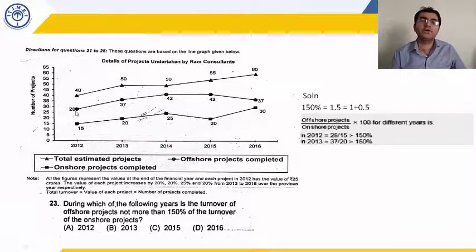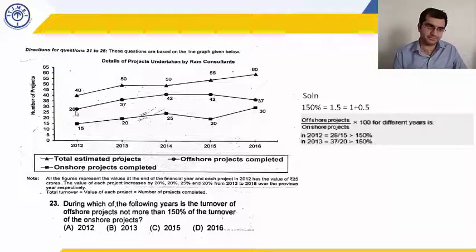Is 28 more than 22.5 or not? Yes, it is. So that means 28 is more than 150% of onshore projects. That's what you have over here: 28 is greater than 15 into 1.5. And we need to find out for which year is it not more than. This is more than. Let's find out which it is not more than.